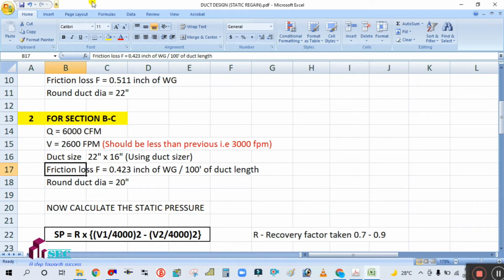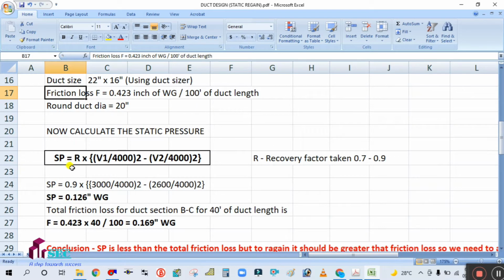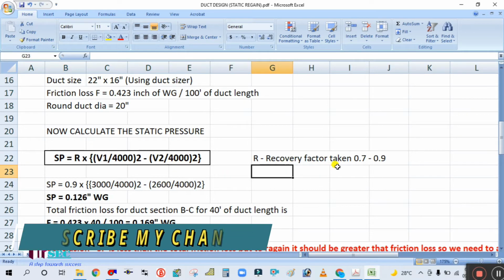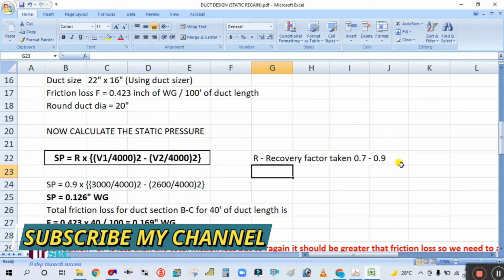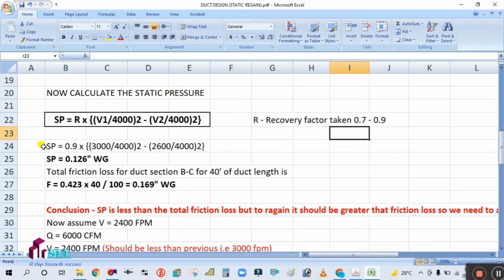Now calculate the static pressure. The formula for static pressure is SP = R × [(V1/4000)² − (V2/4000)²]. R is the recovery factor, taken as 0.7 to 0.9. If there are more bends and more fittings, you use 0.7. If there are fewer fittings, for example most of the duct is straight, you can use 0.9. So now for the static regain method, put in the value 0.9.